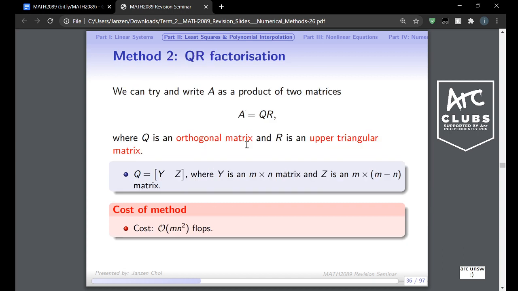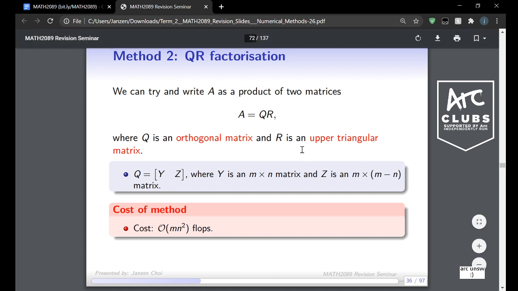Alright, so for method 2, QR factorization, this method involves factorizing the matrix into an orthogonal and upper triangular matrix. Orthogonal matrices are matrices with orthonormal column vectors, so the columns of the matrix are unit vectors and orthogonal or perpendicular to each other.